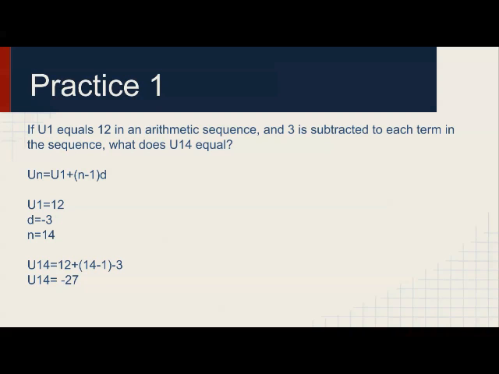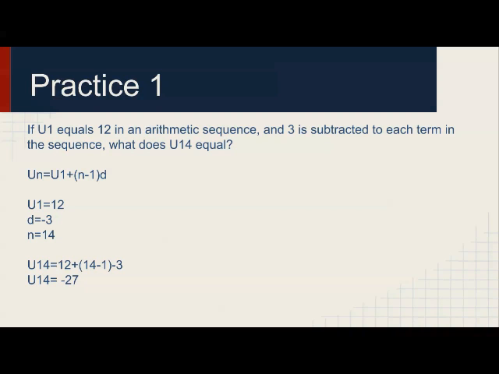First of all, we gotta make sure we have our nice little U_n formula right here. And now we can take this problem and break it down. So it tells us right off the bat, U1 equals 12, okay? It says 3 is subtracted each term, and that means our d is -3. Very simple, right?